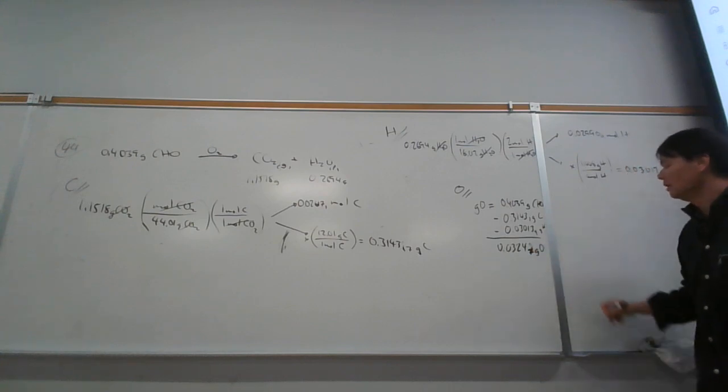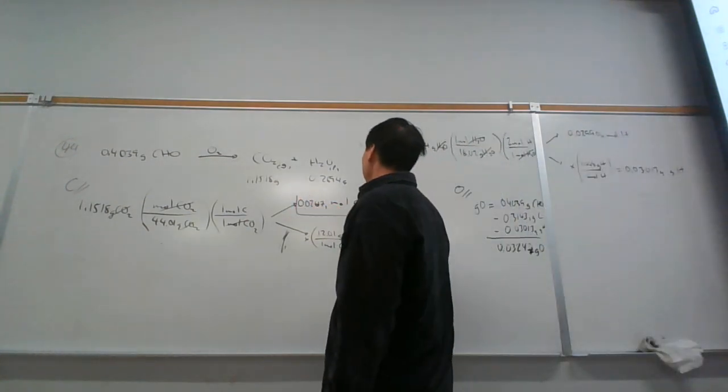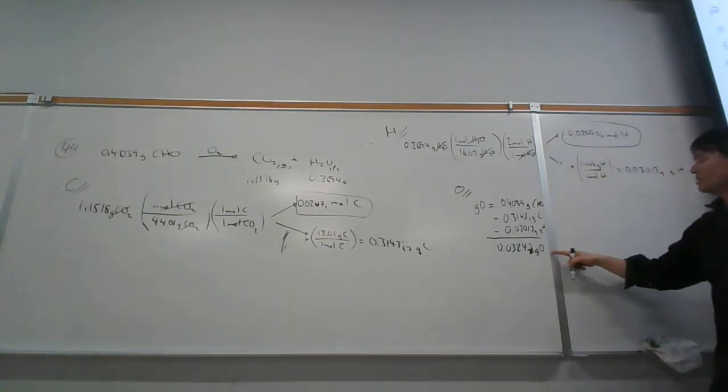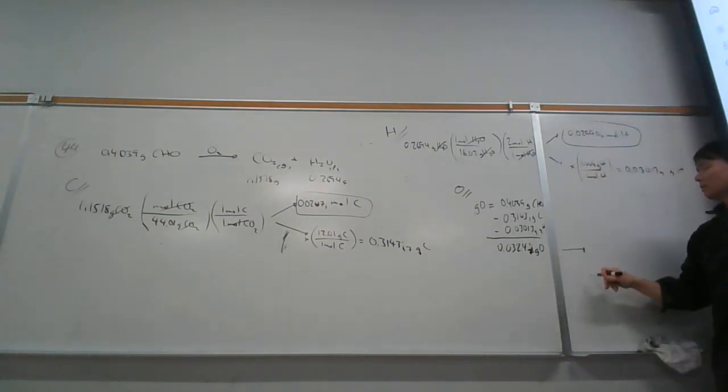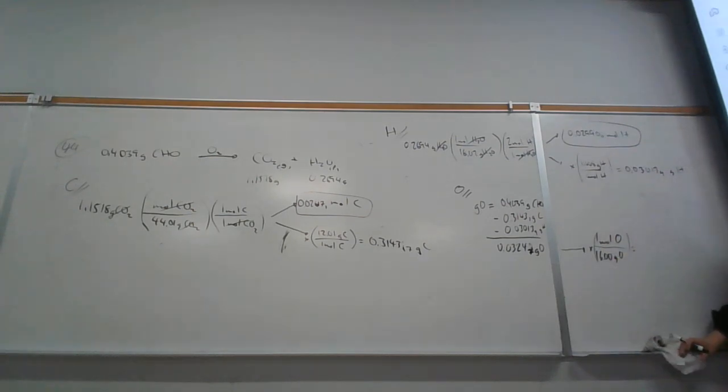Grams of oxygen. Now what we have to do is we need the simplest mole ratio. So I have the moles of carbon. I have the moles of hydrogen. Now I need to get the moles of oxygen. So I'm just going to multiply this by 1 mole of oxygen atoms weighs 16.00 grams. And that's going to give me the moles of O. So what do you get for this?